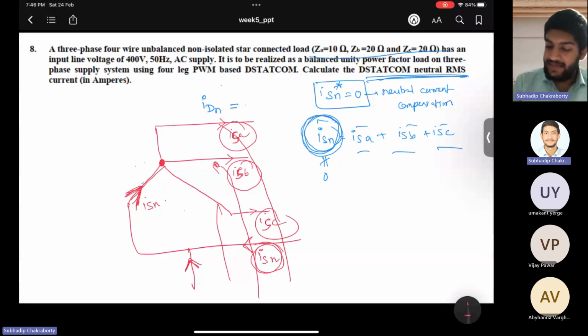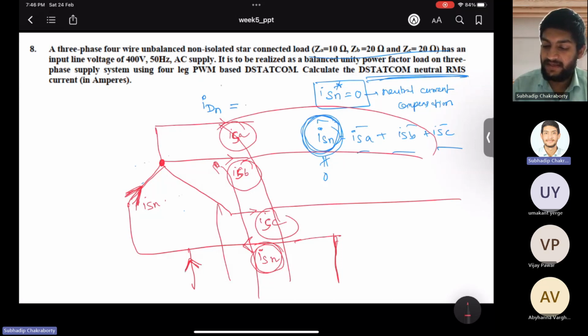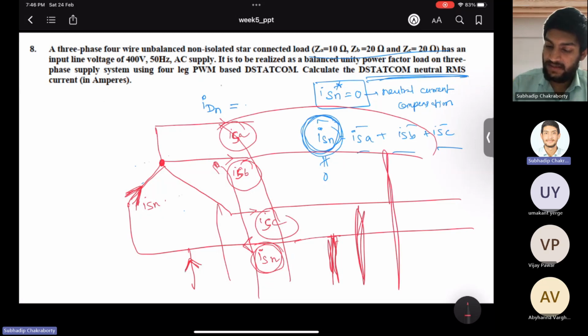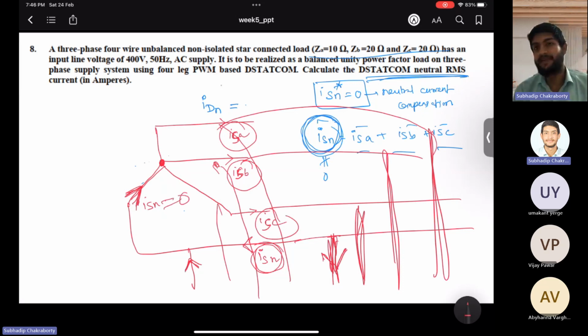So it depends where you connect the DSTATCOM. If you don't want the current to appear here, you just connect it after this. So when it comes from the return path and the DSTATCOM is connected here, while returning only, it will flow here, such that it does not appear here. You got 0 at the supply side.